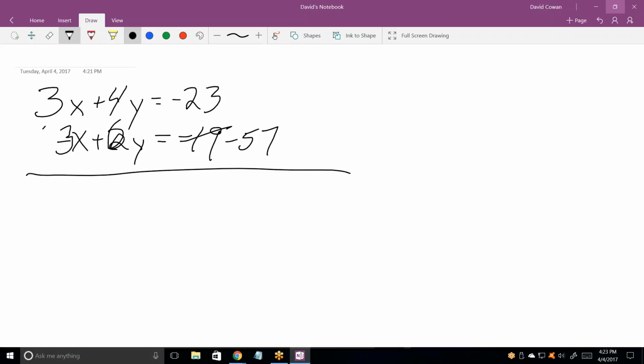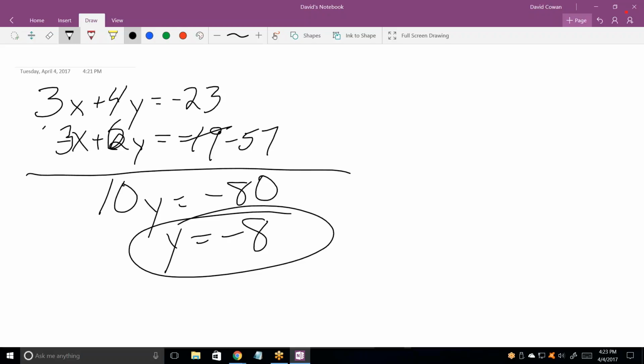Now, if I add these two equations, notice that the x variable gets eliminated. That's why it's called elimination. And I end up with 10y equals minus 80, y equals minus 8.